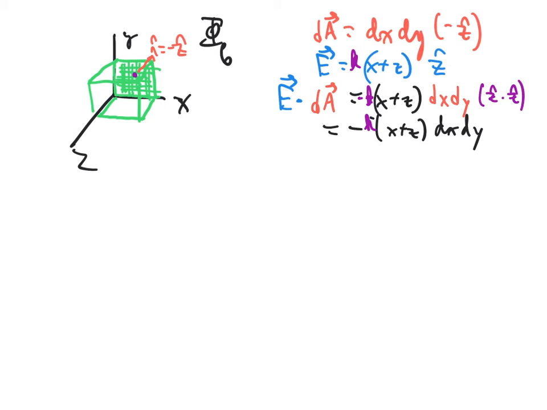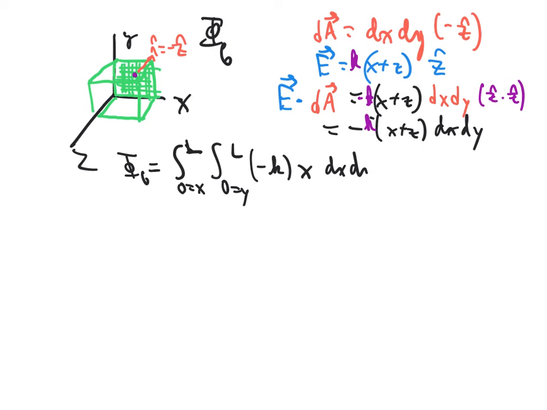So our flux across face 6 is the integral from 0 to L in x, and 0 to L in y, and then I can say times minus the constant. And I can really just say times x because z is 0, and then dx dy.